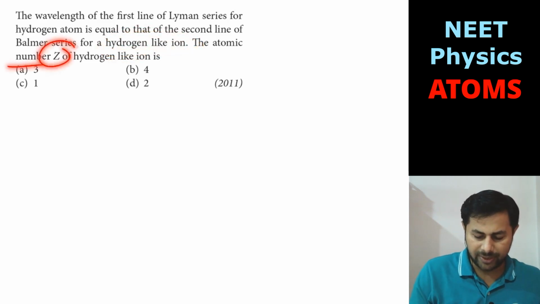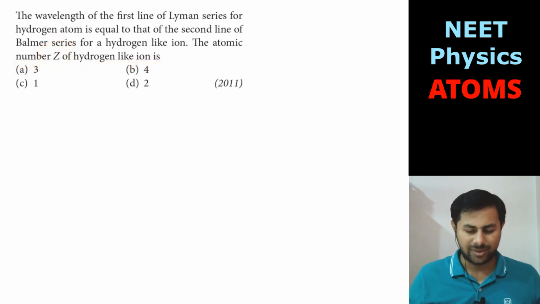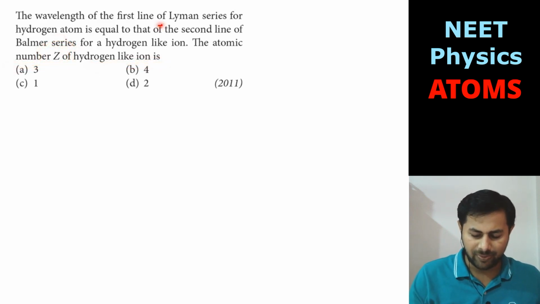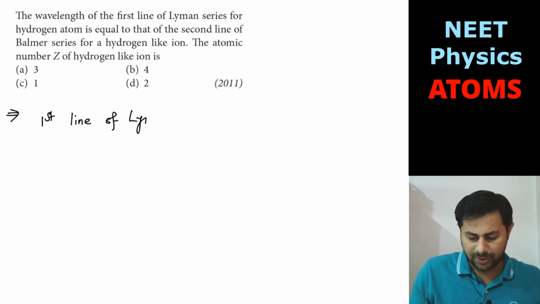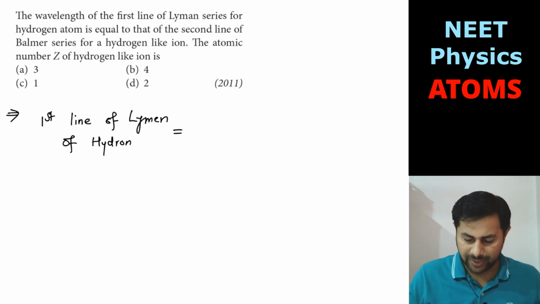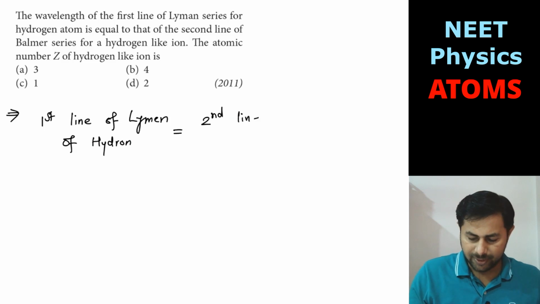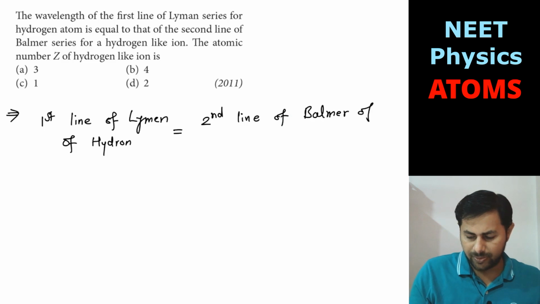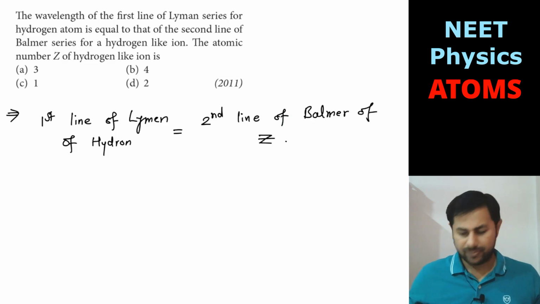The atomic number Z of this hydrogen-like atom is, so they say that the wavelength of the first line of Lyman series of hydrogen is equal to the second line of Balmer of some atom having atomic number equal to Z.